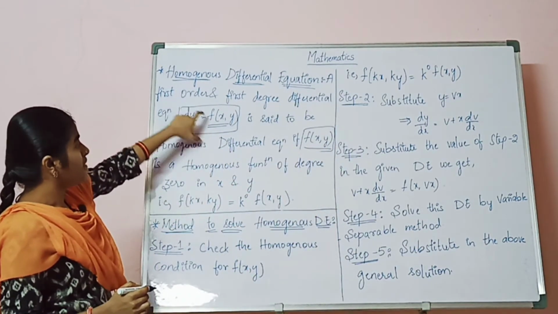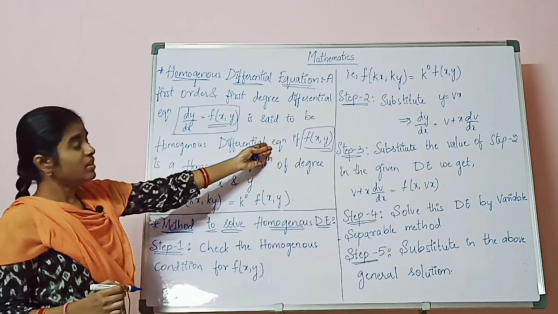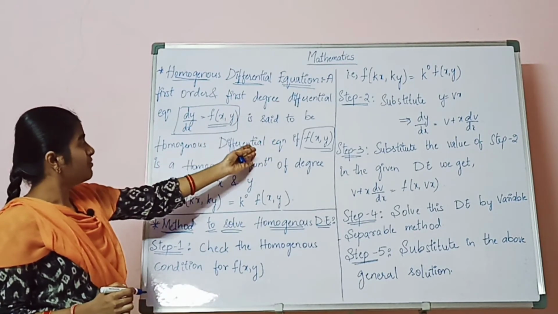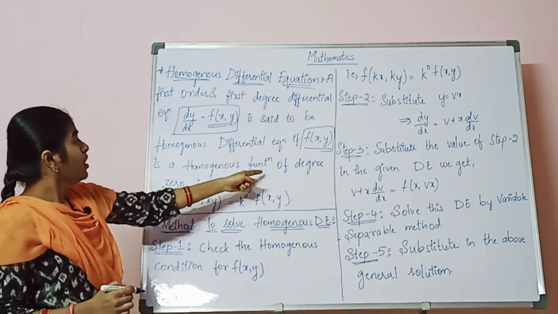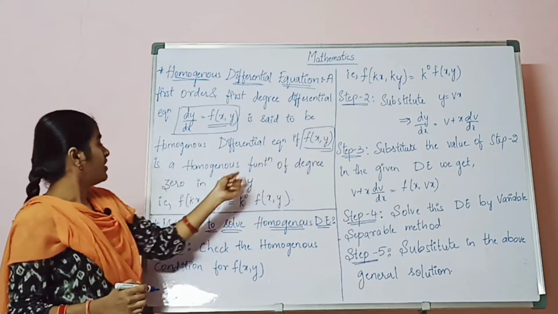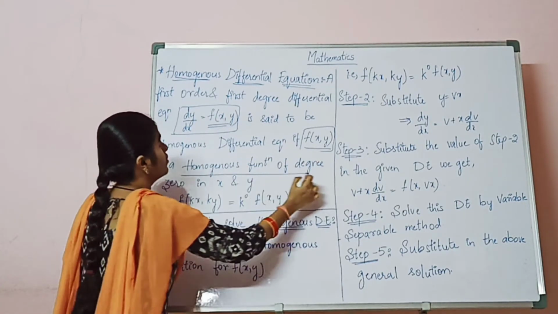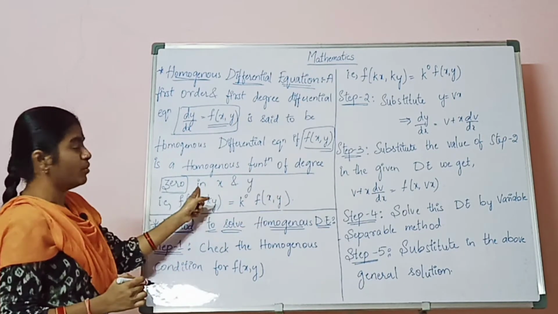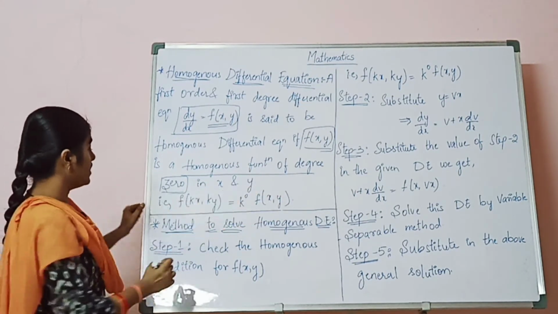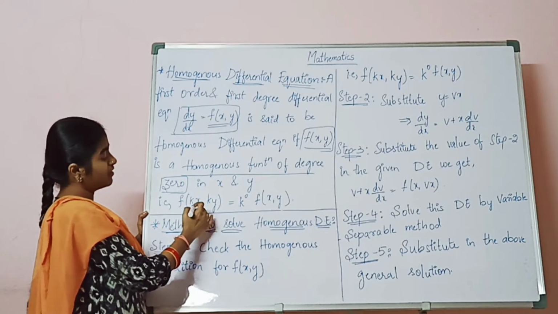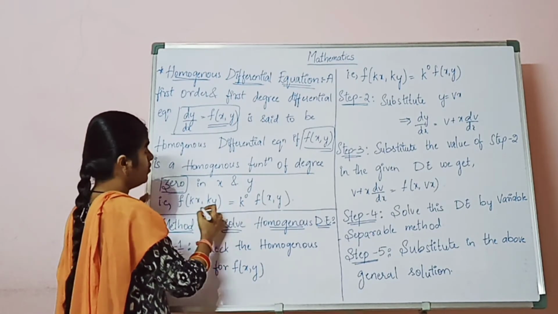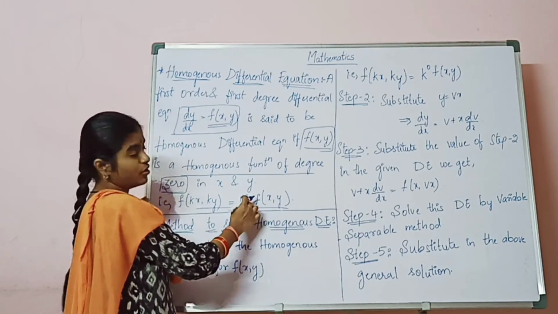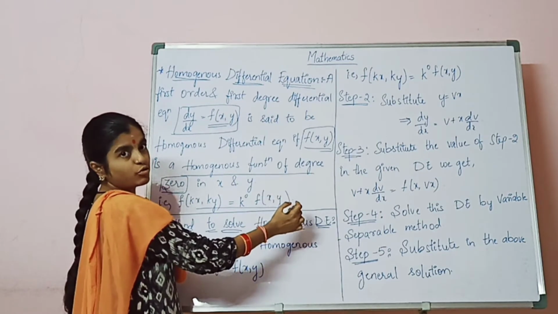This equation is said to be a homogeneous differential equation when f of x comma y is a homogeneous function of degree 0. Its degree should be 0 in x and y. That is, f of kx comma ky equals k power 0 into f of x comma y.